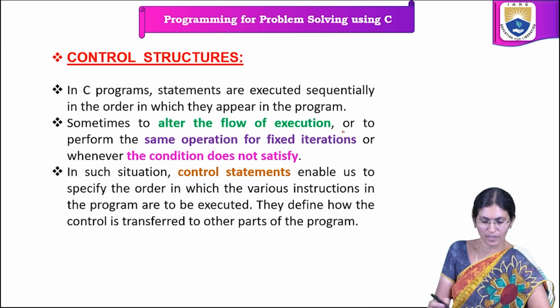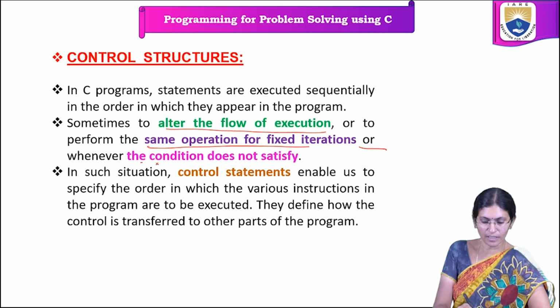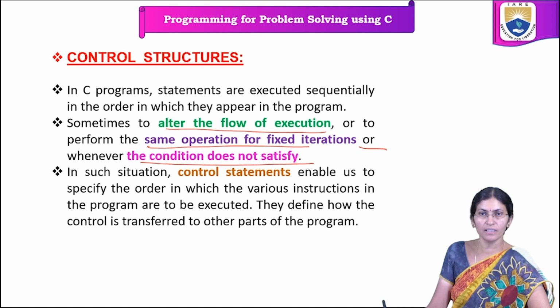Sometimes it is needed to alter the flow of execution, and sometimes the same set of statements is to be repeated for fixed iterations, or whenever the condition does not satisfy, the control has to be transferred out of that block. That's why we use control structures.